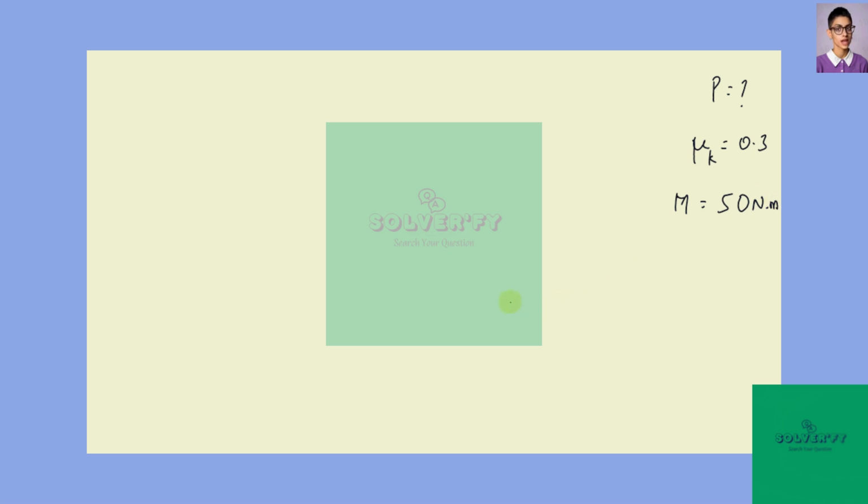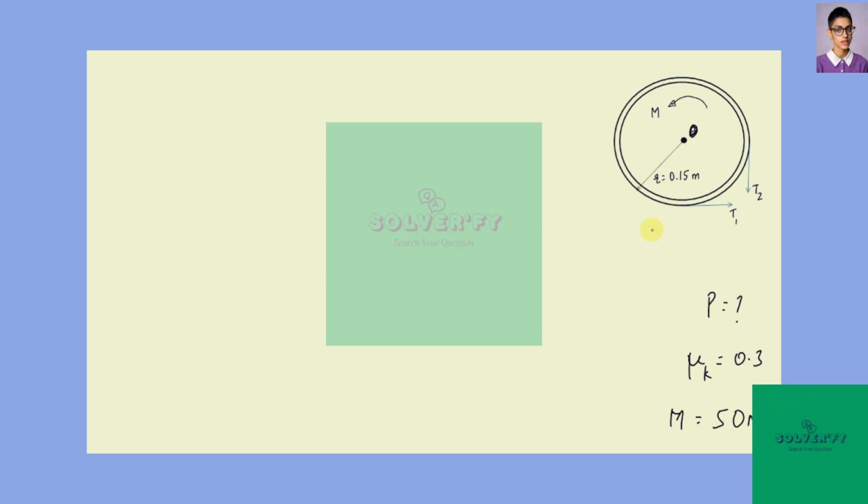Now to solve this problem we'll be first drawing the free body diagram of the wheel. So this is the free body diagram of the wheel, and here we are assuming that the tension T2 is greater than the tension T1. Now by using the concept of tensions in the belt, we can calculate the relation between T2 and T1.